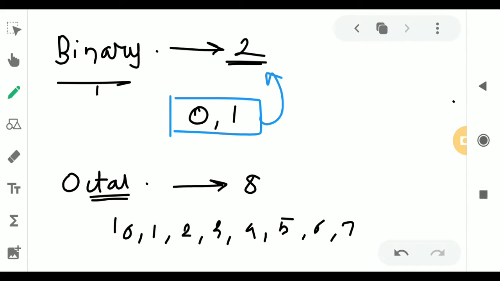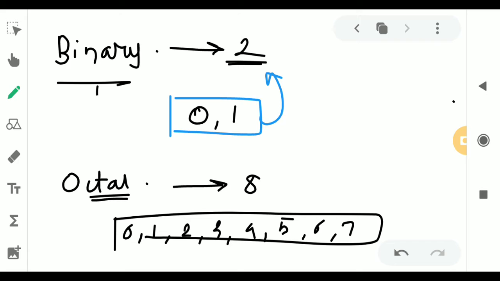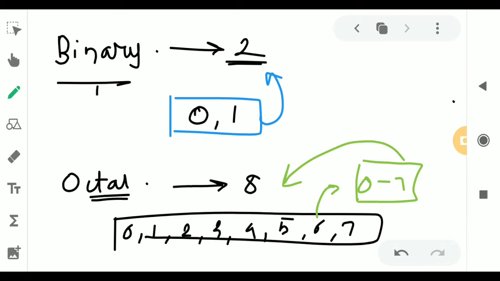These are those 8 digits which are included in the octal number system. So 0 to 7 are included in the octal number system. That is the reason why the base of octal number system is 8.